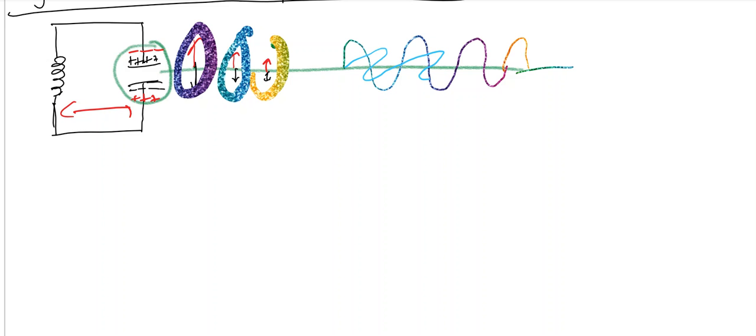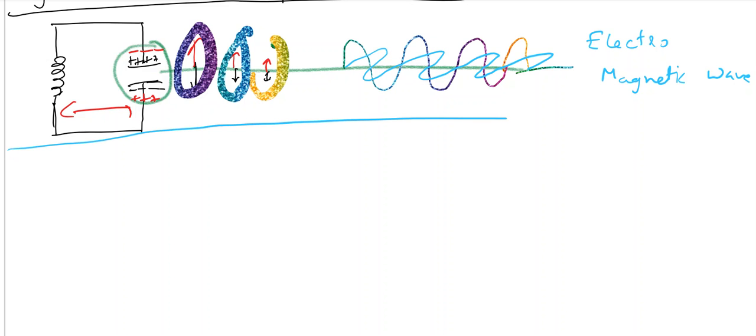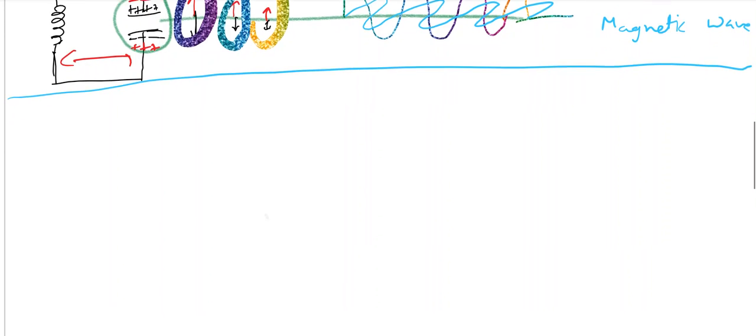This disturbance of the electromagnetic field is called an electromagnetic wave. So the electric field is varying, the magnetic field is produced simultaneously, and they have some relation. Wherever you have an electric field, or a magnetic field produced because of an electric field, there is some relation between the two.